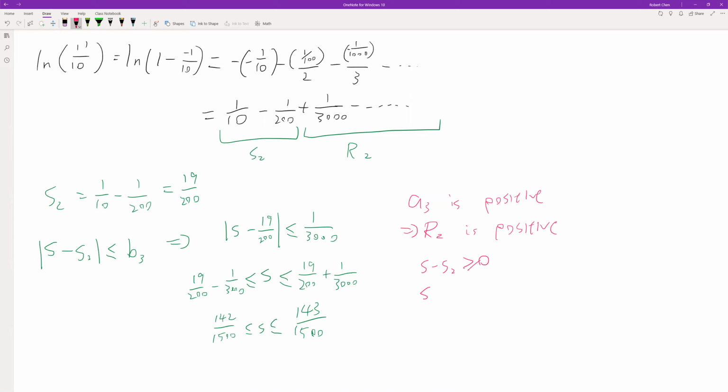S is greater than S2, so S2 is smaller than S. That means S2 is an underestimate. Okay, there you go.